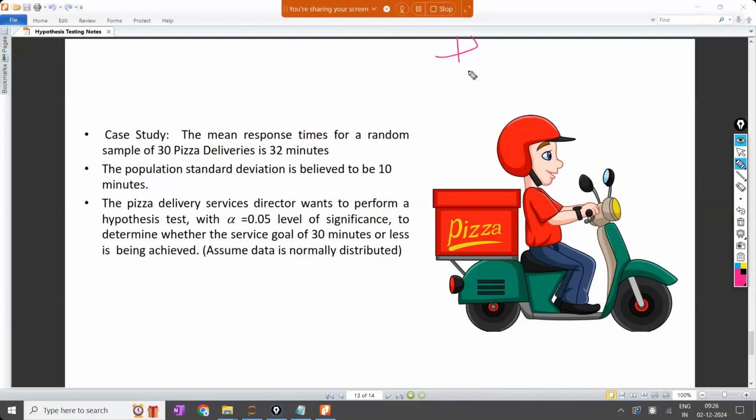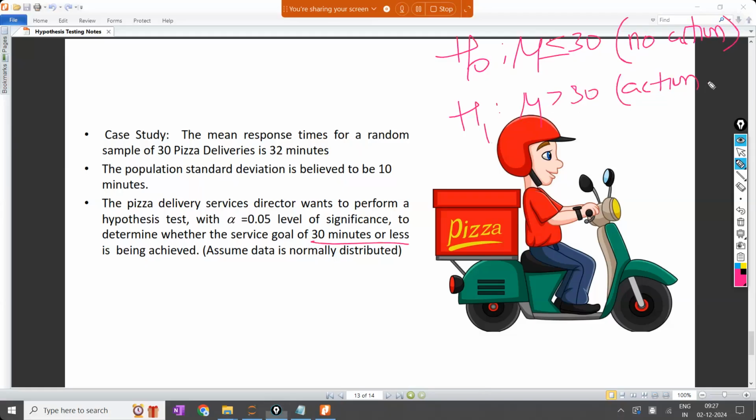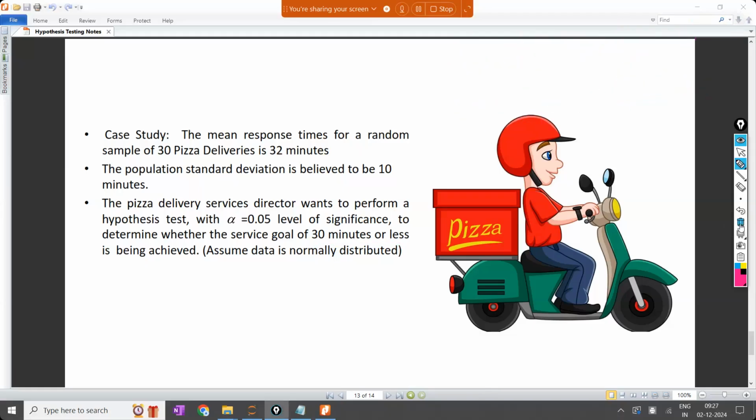The null hypothesis says that mu is less than 30 minutes, whether the service goal of less than 30 minutes is being achieved or not, for which we take no action. And H1 is mu greater than 30, for which we have to take action.